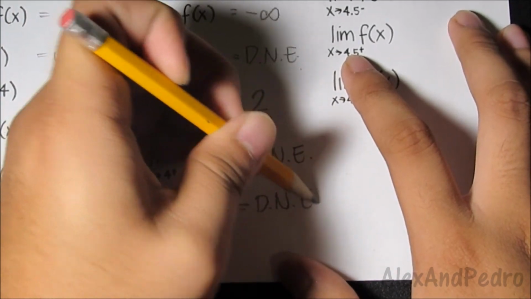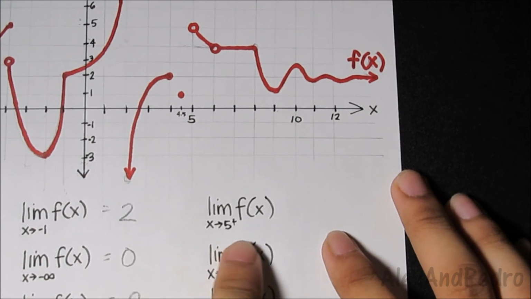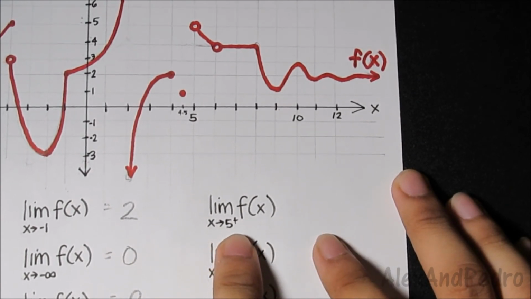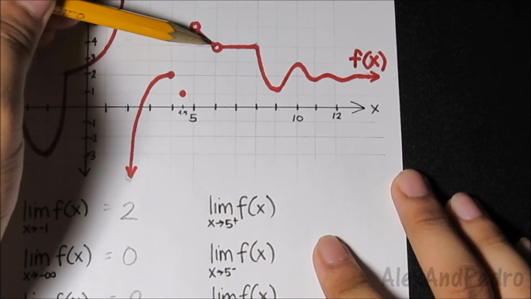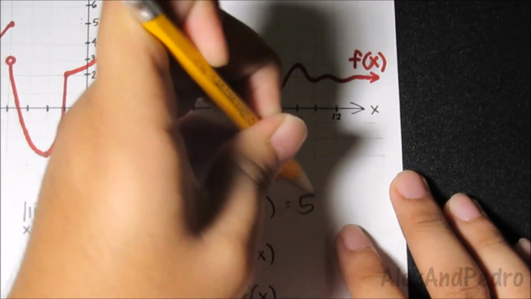Okay, next one. The limit of f of x as x approaches 5 from the right. So from the right, okay, this is 5, it approaches 5. That's great.